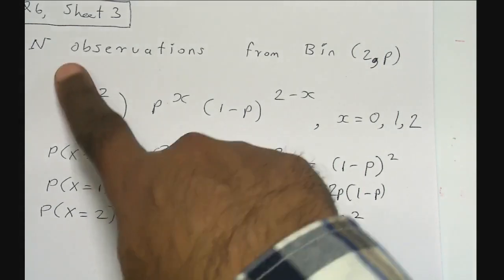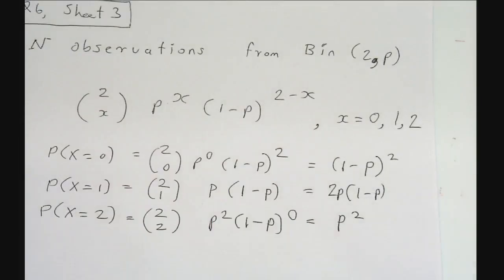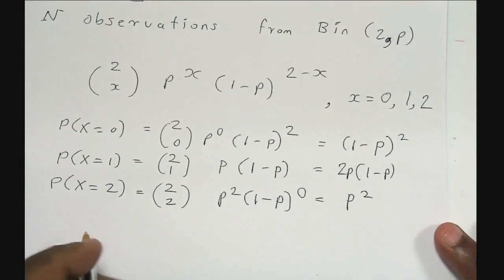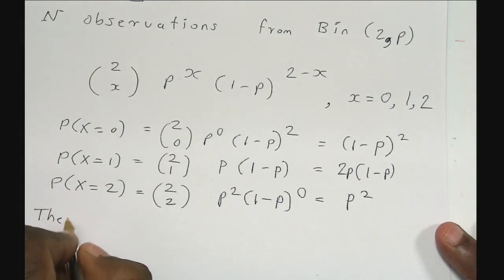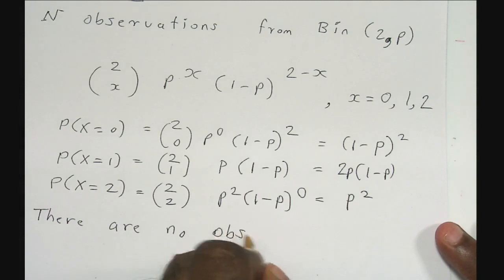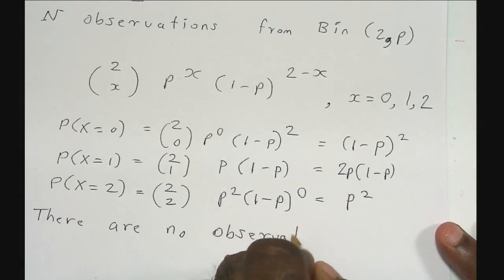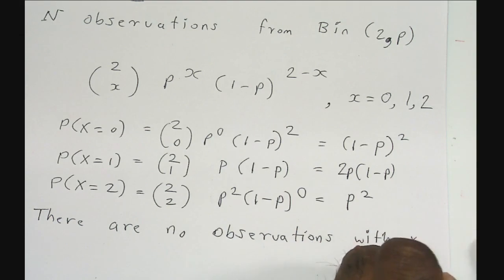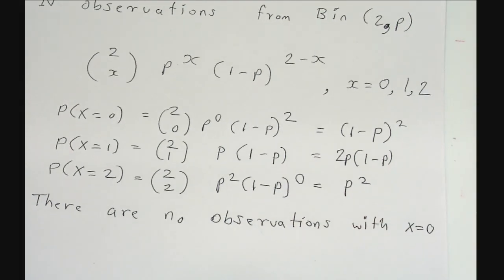And there are capital N observations, each taking the value 0, 1, or 2. And what the question said, you should remember, guys, maybe you already have a copy of sheet 3, I don't have one with me. But the question said there are little n0 observations with x equal to 0.